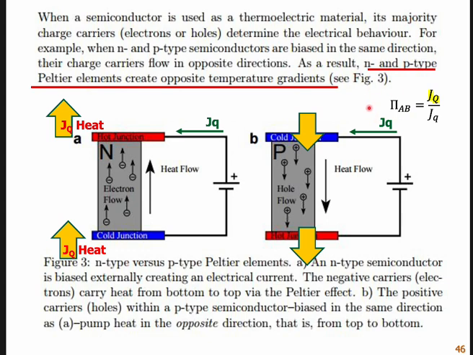Okay, so this is the Peltier effect, which means that you provide the current and this material serves as a heat transporter, and you can cool one side down and heat the other side up.